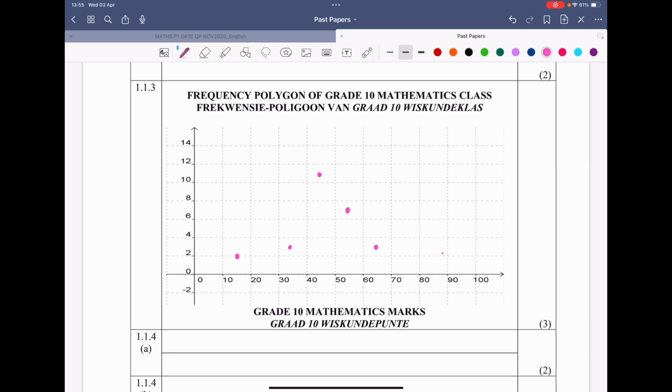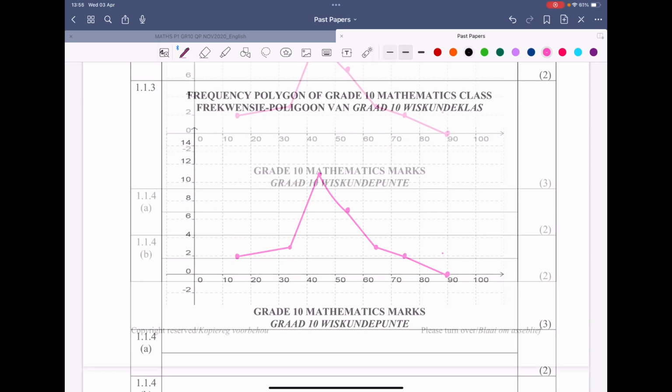And 2 and 75 is here, and I've got 0 for 90. All right, and then I just join up all my points. And that's my frequency polygon.